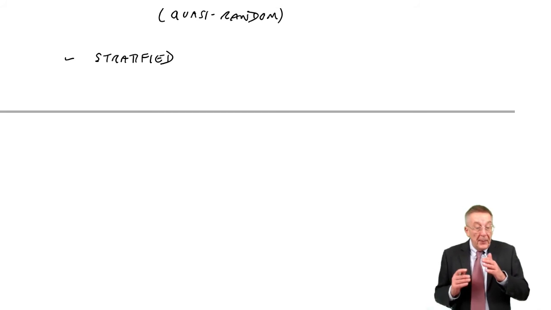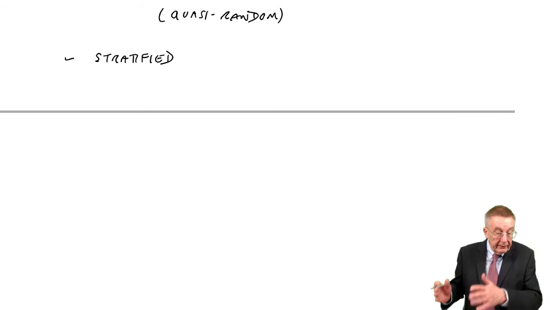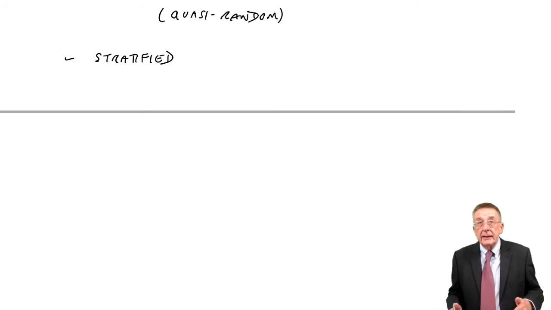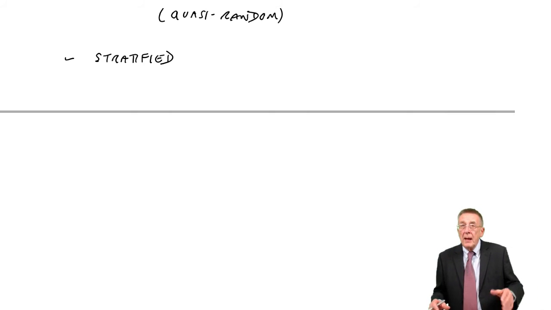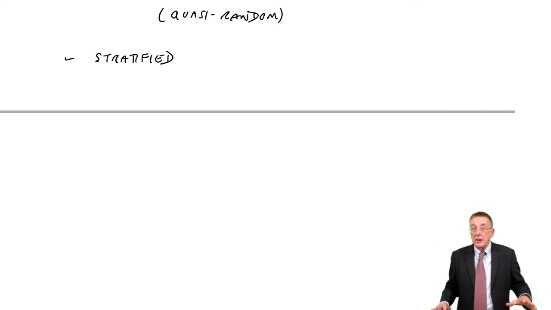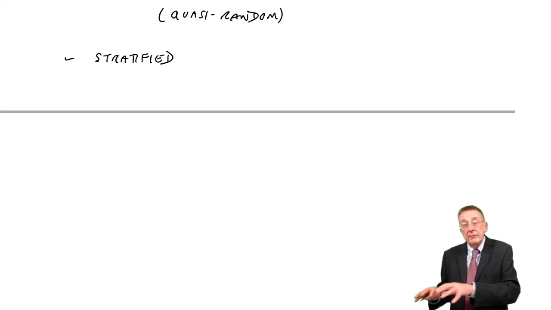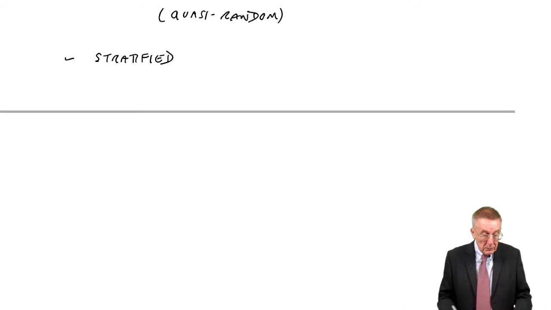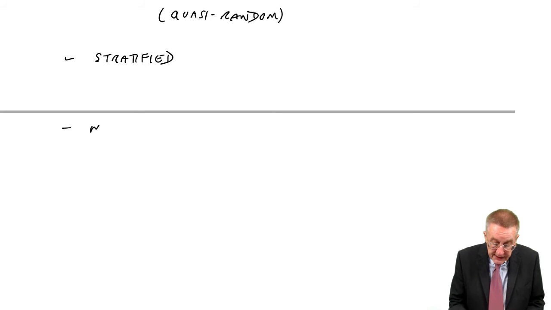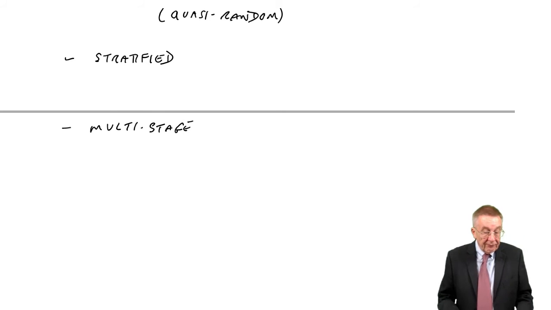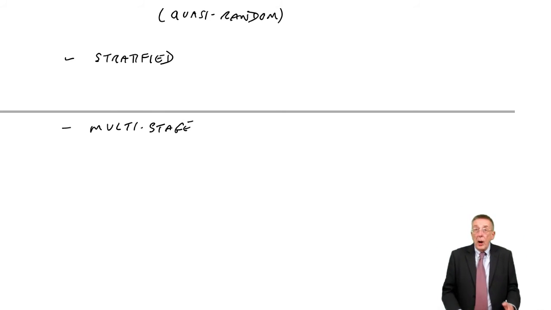In that, when you come to pick your 60 women and 40 men, you'd pick them at random. But the whole thing isn't entirely at random. Obviously, we said from the very beginning, we're going to make sure there's 60% of one and 40% of the other. Multistage. Again, another quasi-random.